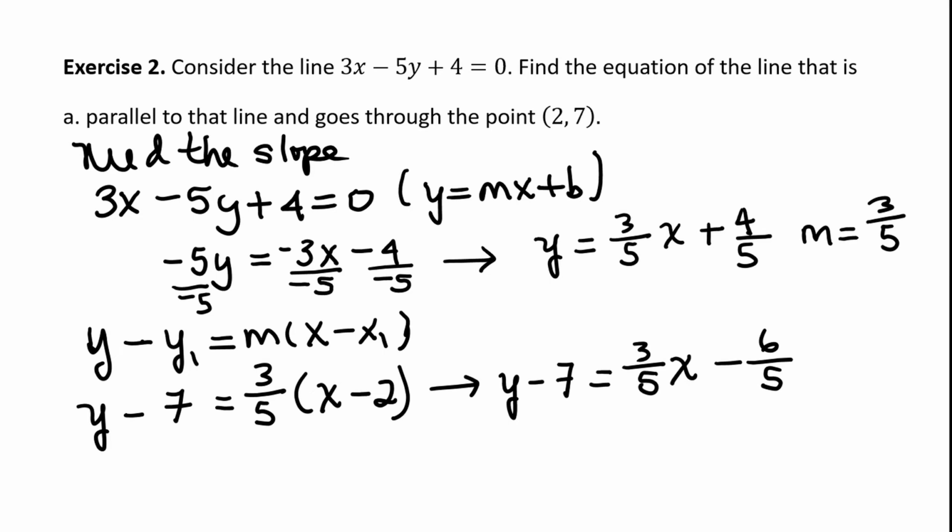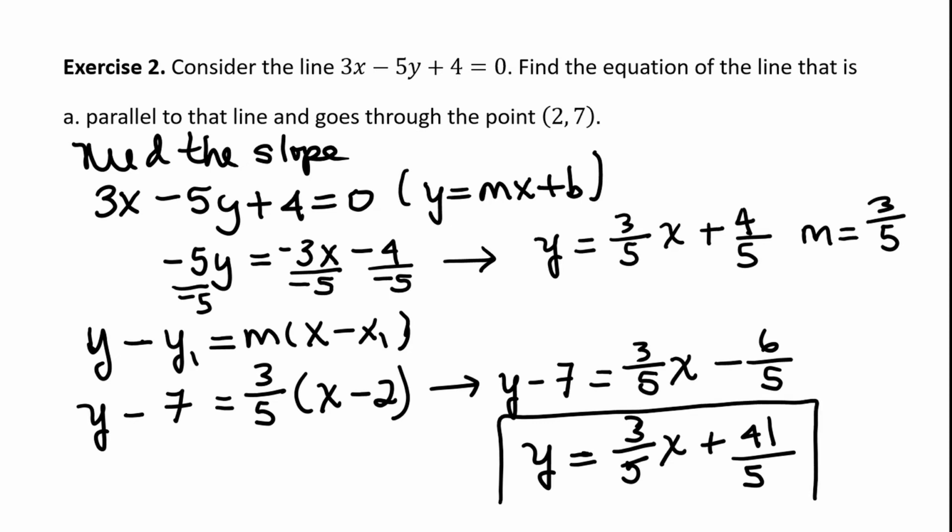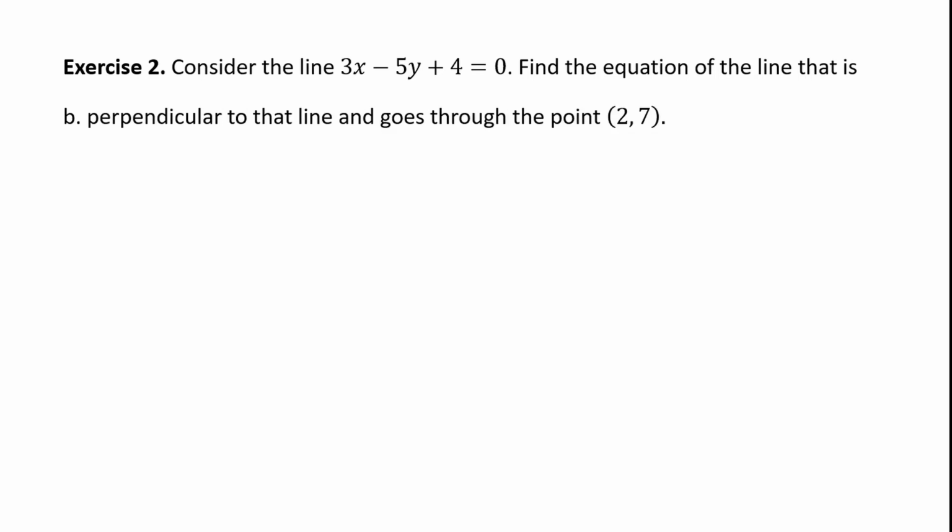Add 7 to both sides of the equation, and we get a linear equation, y equals 3/5 x, negative 6/5 plus 7 is positive 41/5. y equals 3/5 x plus 41/5 is an equation of the line that is parallel to the line 3x minus 5y plus 4 through the point 2, 7.